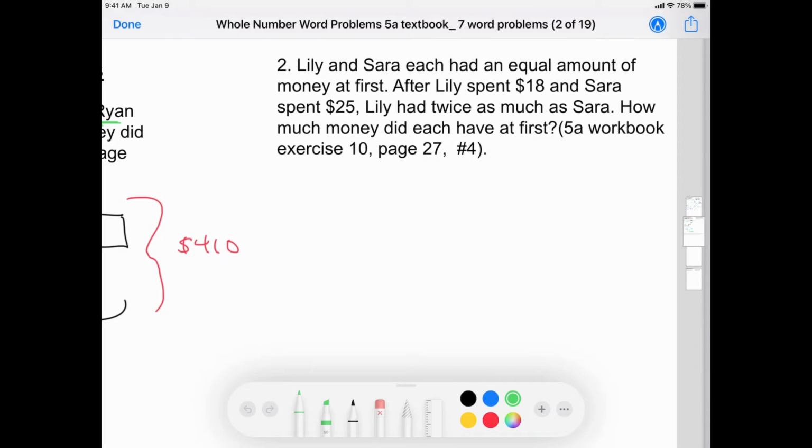All right, Lily and Sarah. So let's do Lily and Sarah. Each had an equal amount of money at first. So this is their equal amount.